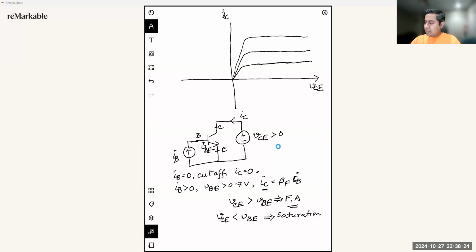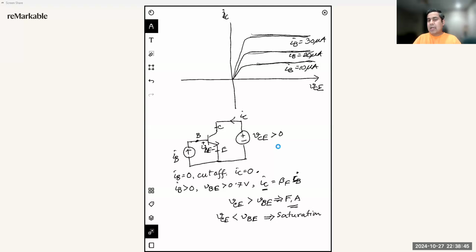So these curves are actually for different base currents. So let's say this is IB for 10 microampere. This is IB for 20 microampere. This is IB for 30 microampere.